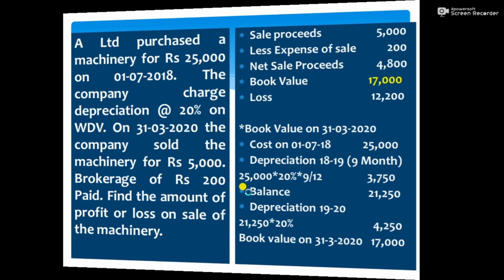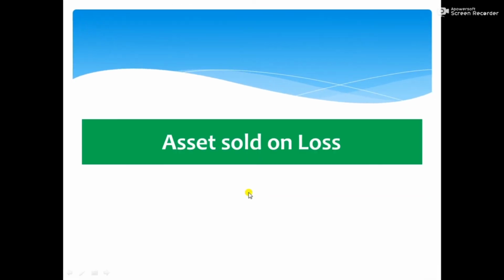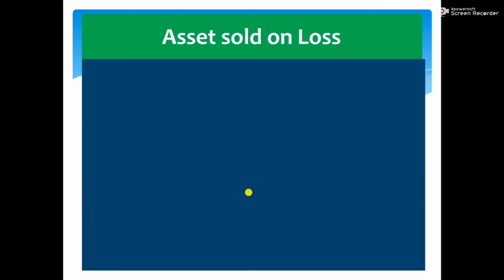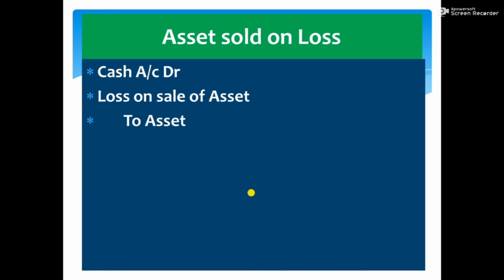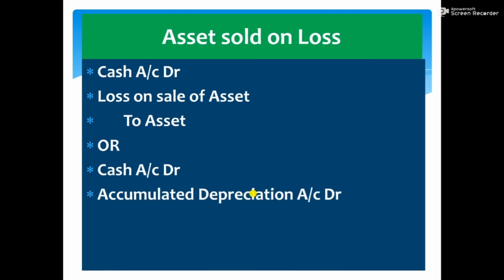Bank account debit, that is the net proceeds received. Loss on sale of asset account debit, to the asset. Or if you were following accumulated depreciation method, cash or bank account debit, accumulated depreciation account debit, loss on sale of asset account debit, to asset.